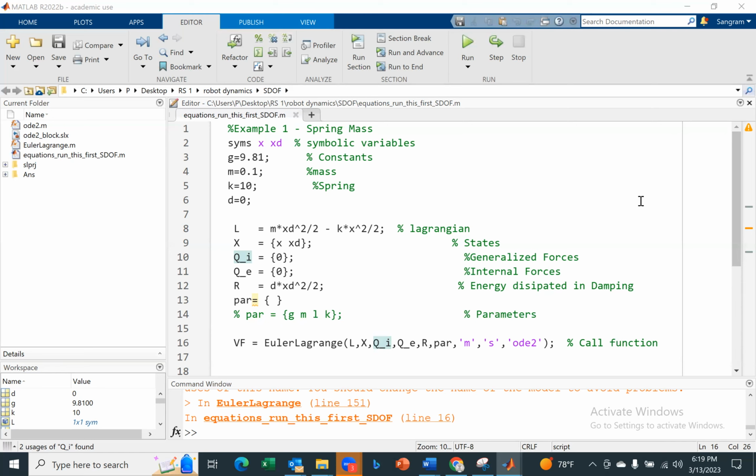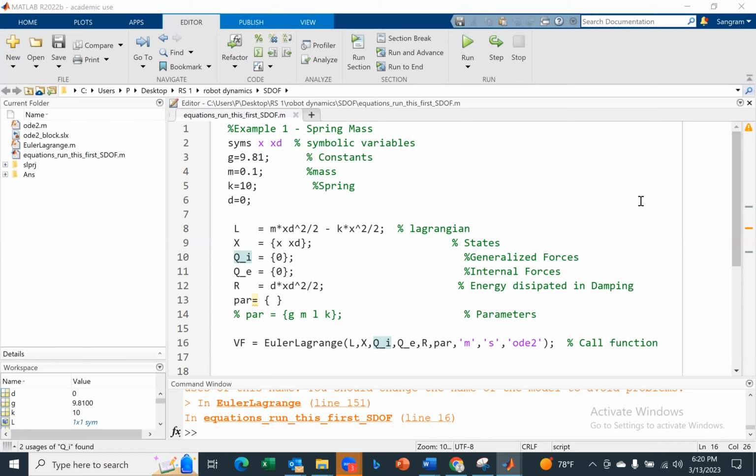If you mess that form up, the function will not run. First, x are the variables, which are nothing but the states. Can you see the states are x and xd? Please note, I defined the symbolic variables x and xd the same way I define the states. Do you agree with me?